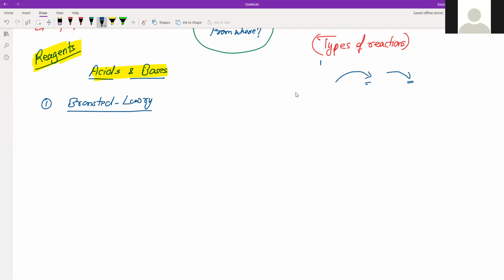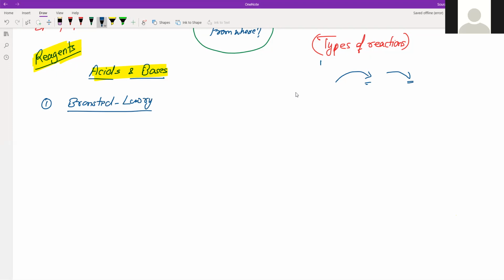It was the first definition. Two classes of acid-base reactions are there, that is Bronsted-Lowry acid-base and Lewis acid-base reactions. And one more is there, which is Arrhenius. That we'll leave for the timing, and we'll see when it comes in physical chemistry.